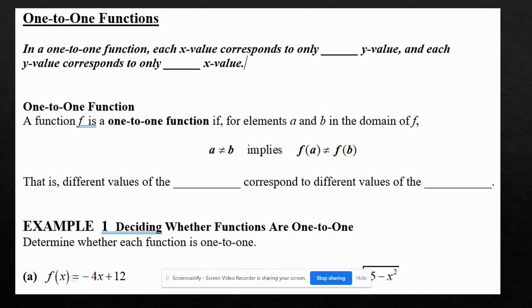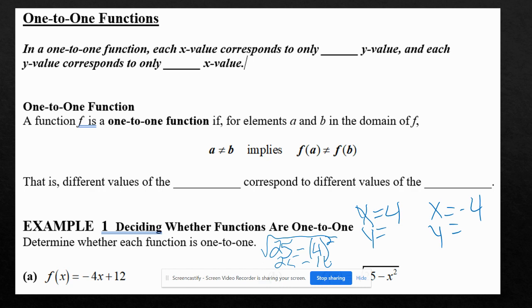The second example, we can still use 4 and negative 4. If we did that, we'd have the square root of 25 minus positive 4 squared. That's 25 minus 16, which is the square root of 9, and that answer is 3.